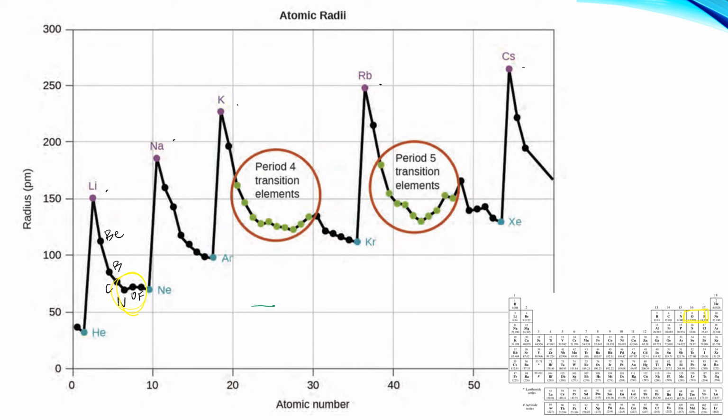So 1s, 2s, 2p. If we look at how we're adding in the electrons, 6 is carbon, then nitrogen, but now I'm up here at oxygen and fluorine.